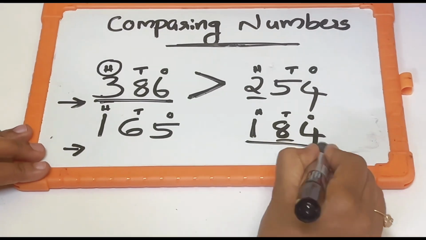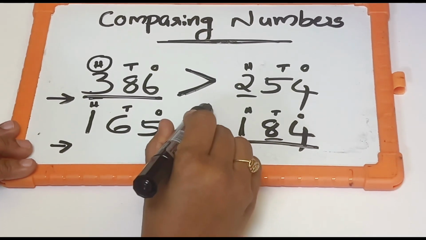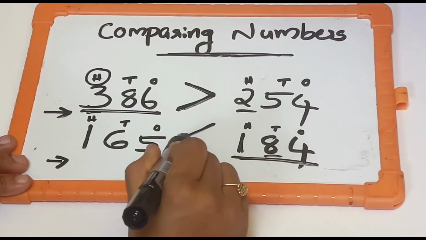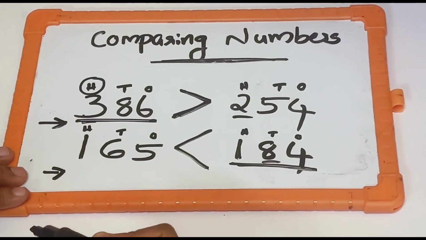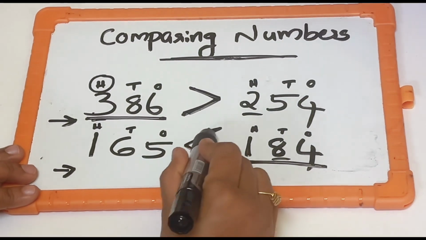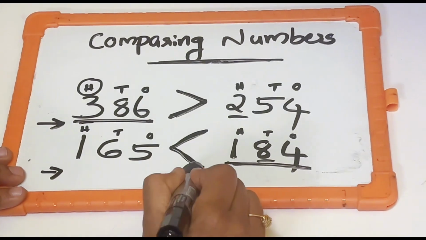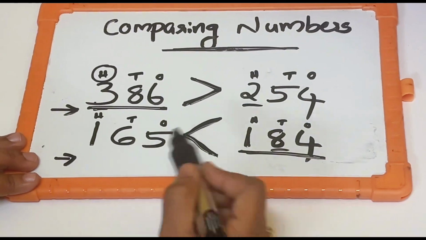So this is the bigger number. Our crocodile's mouth will come on the bigger number side. So here we use the less than symbol: 165 is less than 184.